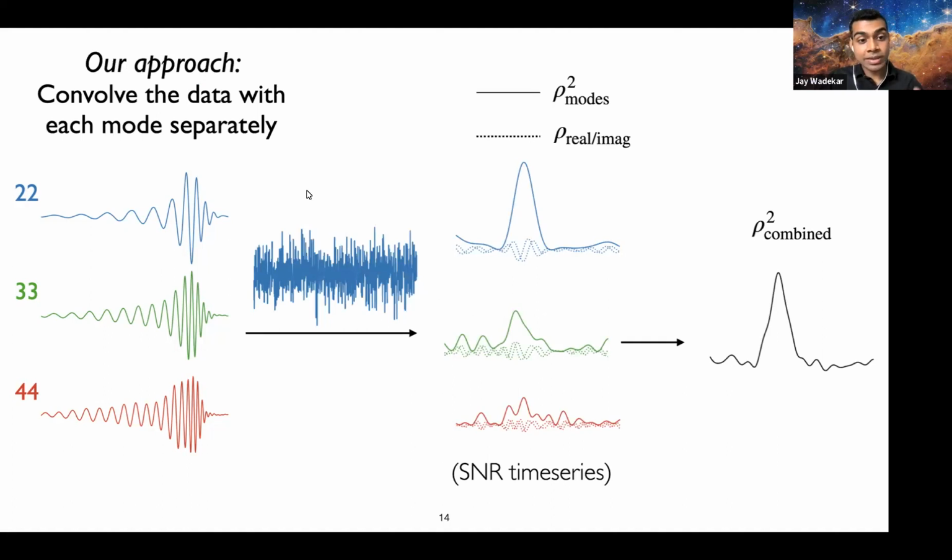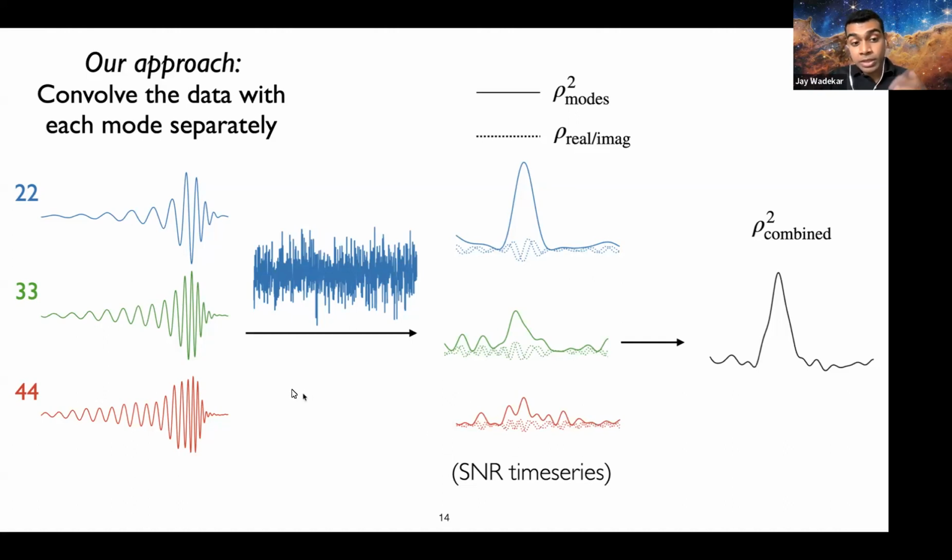What we do is we don't construct templates based on combinations of these different modes, but we convolve these modes with the data separately. So you would have a separate time series for the 2-2 mode, a separate time series for 3-3, and for example the 4-4 mode, and you can combine them in a post-processing way after you collect these time series. And this helps a lot.